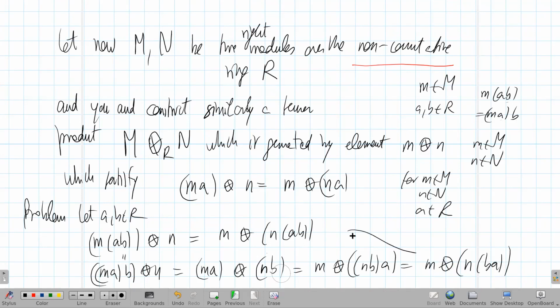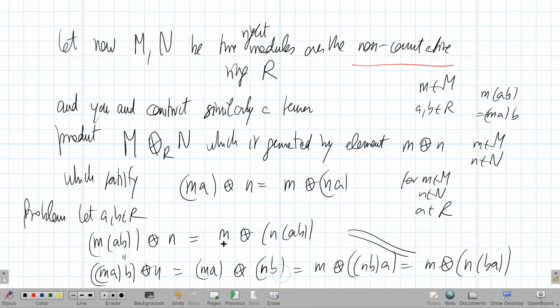And now you see you have a problem because I have applied this rule three times, once here, once here, and once here. And the results are not compatible, okay? Because the ring is in general non-commutative. So ab may be different from ba. And so this does not work, okay? So there's the problem.